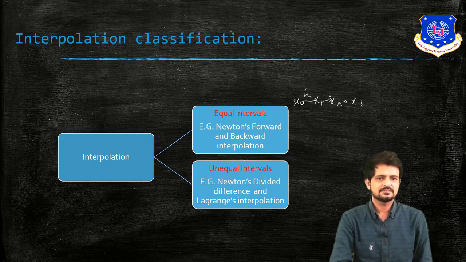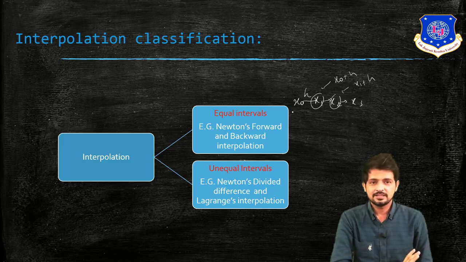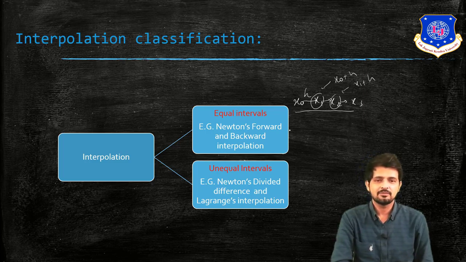If my difference is h, like x1 is equal to x0 plus h, then x2 is equal to x1 plus h, then for this type of data, the equal interval method is used, right? And which are the equal interval methods? Equal interval methods are Newton's forward and backward methods, right?